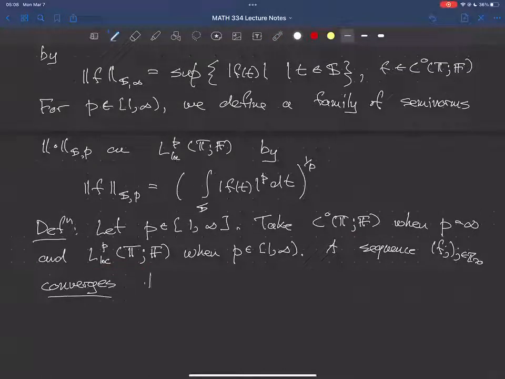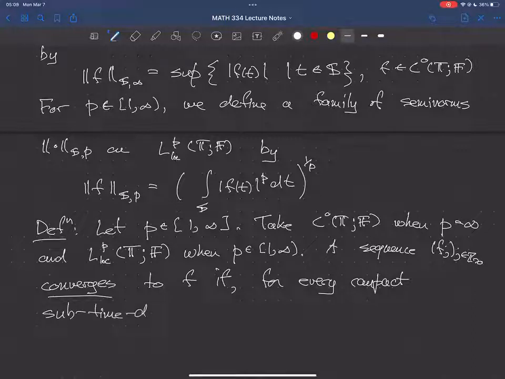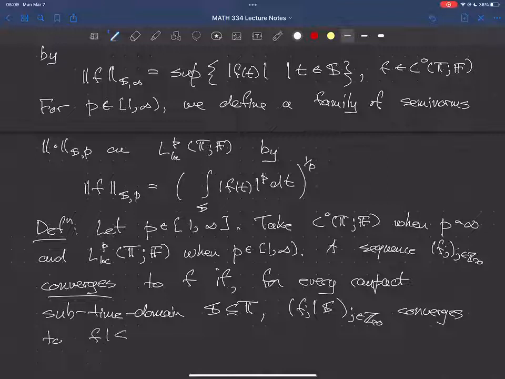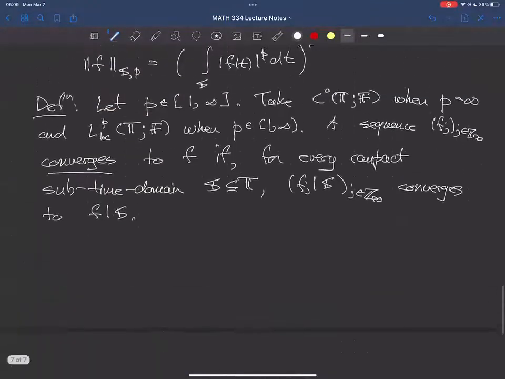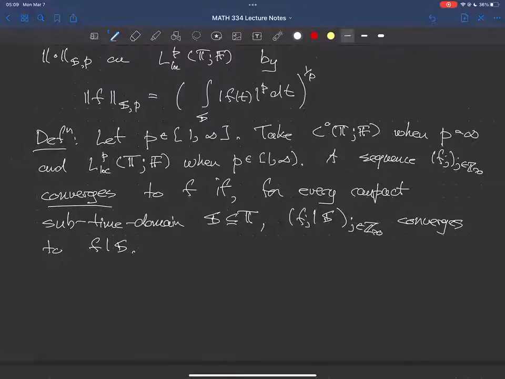It converges to f in the same space if, for every compact subtime domain S, the sequence f_j restricted to S converges to f restricted to S. So we have the same kind of structure that we talked about here.